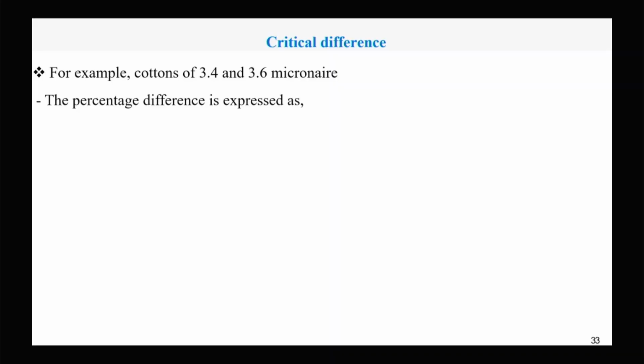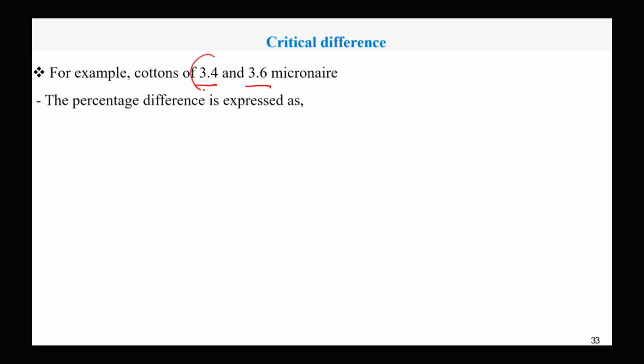So how do you calculate critical difference? Let us take one example. For cotton, from 2 sources you have got cotton fiber.